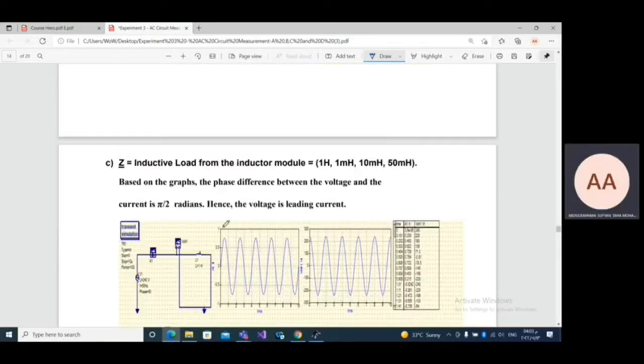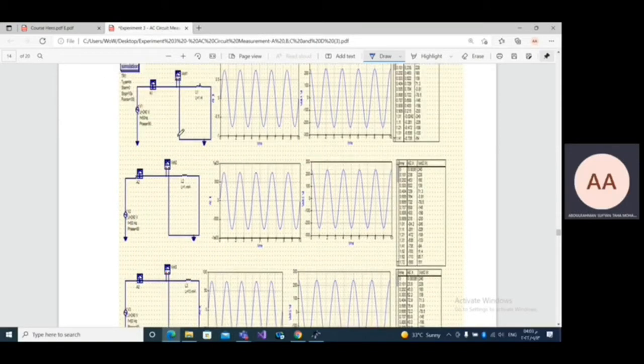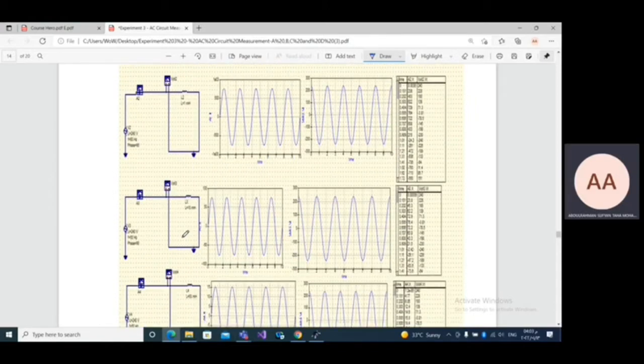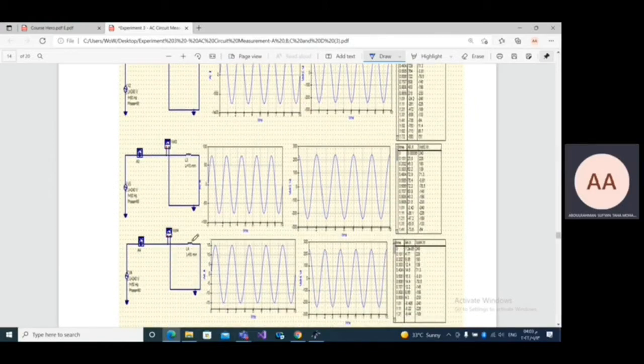Moving to part C, Z is an inductive load here. We have 1 Henry, 1 millihenry, 10 millihenry, and 50 millihenry. This is the same circuit, we just change the resistance to an inductor: here 1 Henry, here 1 millihenry, here 10 millihenry and here 50 millihenry.